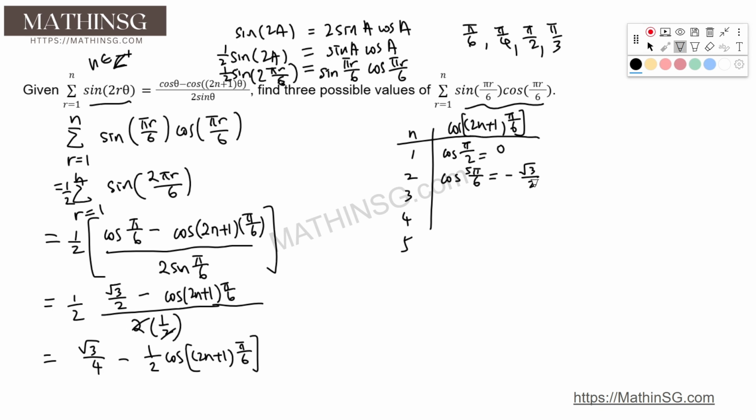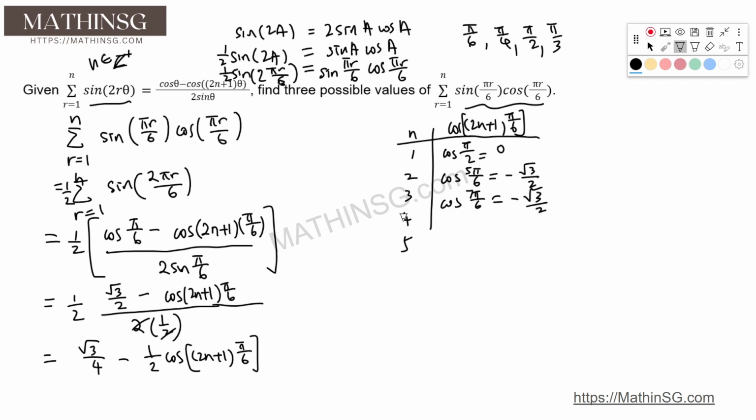Similarly, when n equals 3, I have cosine 7π/6, which again gives me negative root 3 over 2.